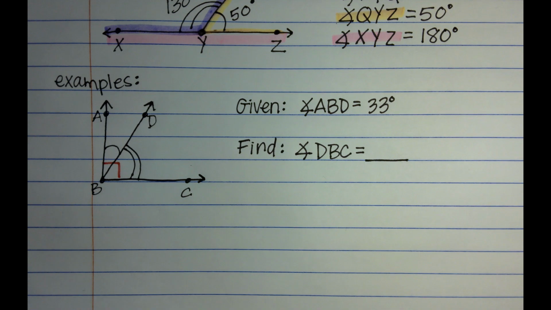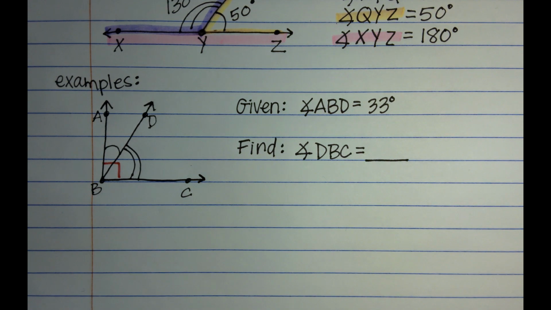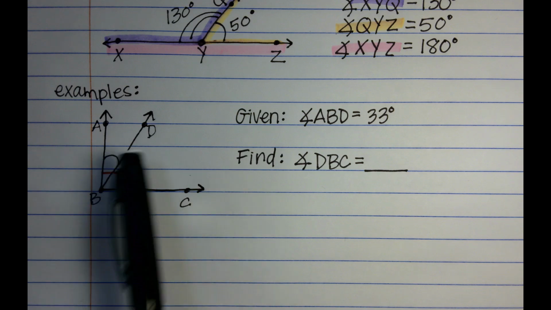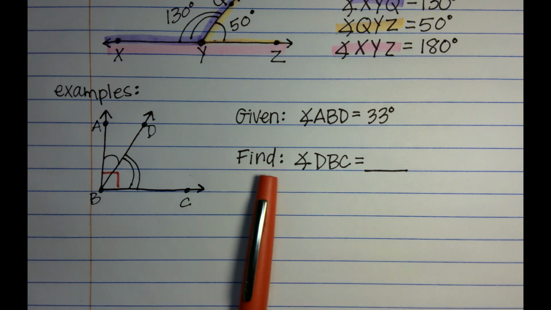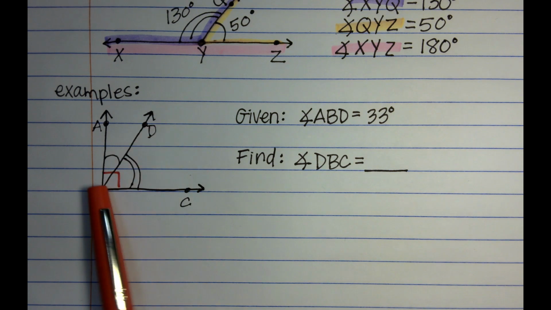Okay. So, I'm telling you that ABD, my smaller angle here, is 33 degrees. And I want you to find that missing angle.